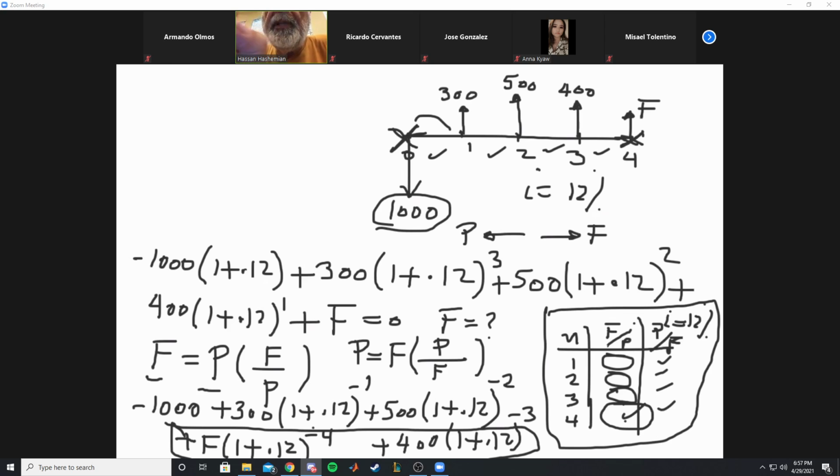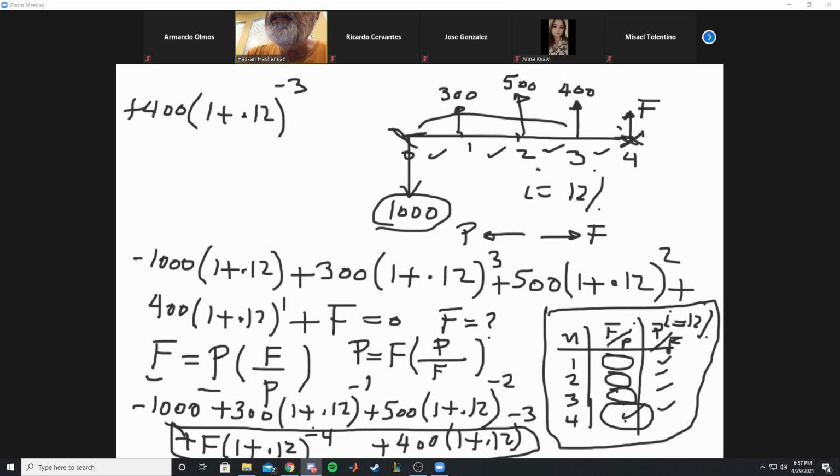Okay, so I would put here after this minus 1,000 plus 300 times (1 plus 0.12) to the power of minus 1 plus 500 times (1 plus 0.12) to the power of minus 2. Okay, now we have to take the 400 here. So it will be again plus 400 times (1 plus 0.12) to the power of minus 3 years.